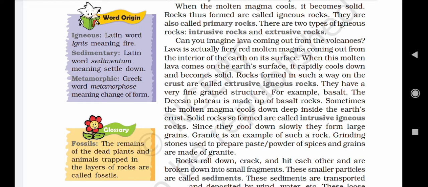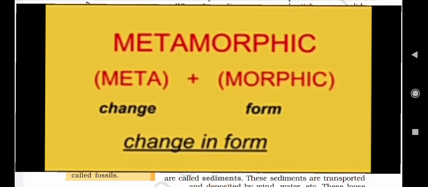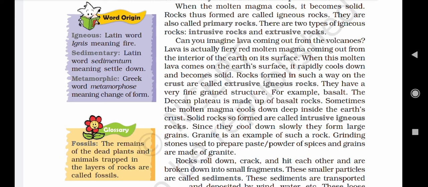The third type of rock is metamorphic rocks. Now try to understand it in a much better form. What is the meaning of metamorphism? It means change in form. Therefore, metamorphic rocks arise from the transforming of existing rock types.